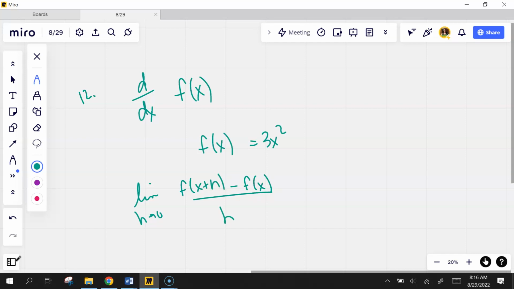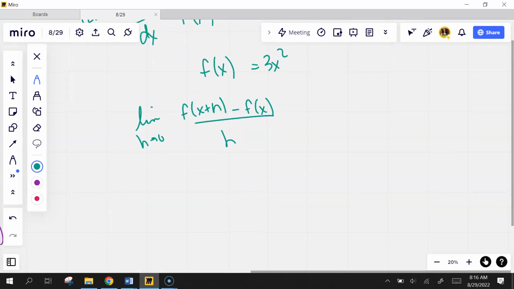I don't have an x to plug in, so I'm leaving it as is. I want the equation of the derivative. So I have the limit as h goes to 0 of 3 times x plus h squared minus 3x squared. Does that make sense?